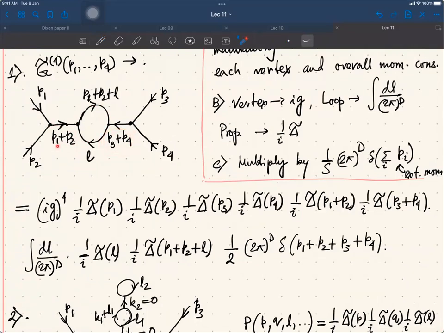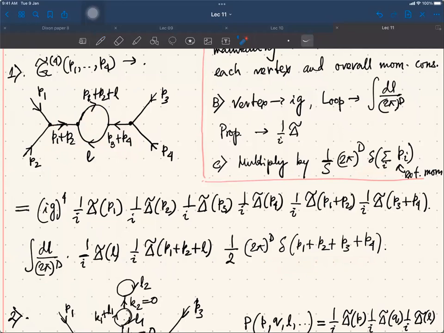So that is the overall momentum conservation. We were putting that by hand in the previous set of Feynman rules, but that actually follows here from the momentum conservation at these two vertices. If we impose momentum conservation at these two vertices, then the net momentum going into the loop will be the net momentum coming out of the loop.